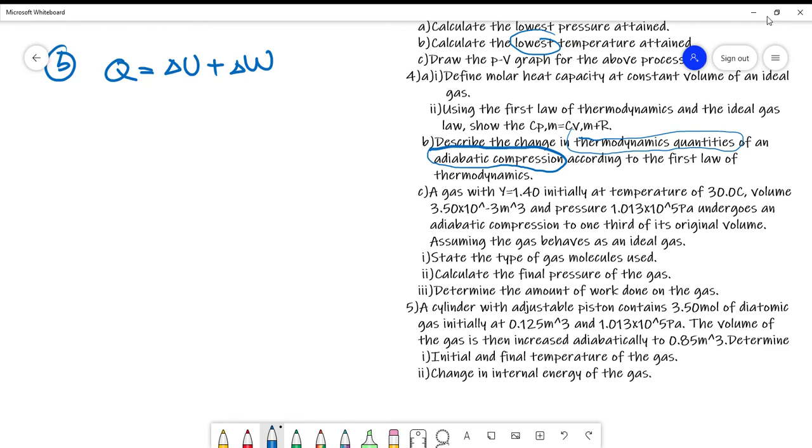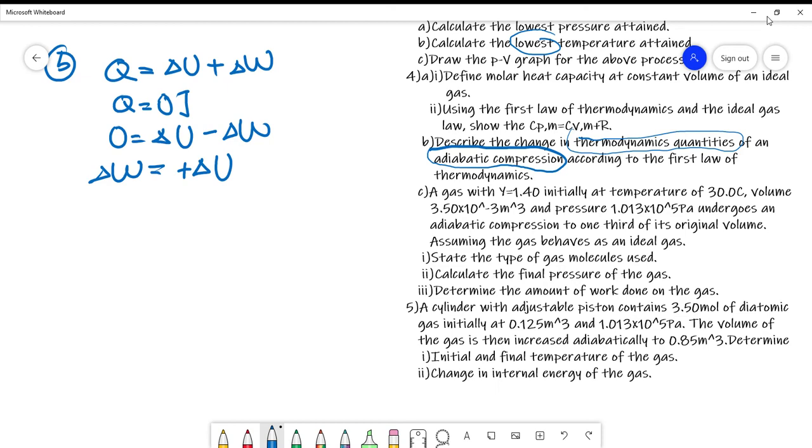Since my Q is 0 for an adiabatic process, in which heat does not enter or leave the system, this will be my 0, and this will be my internal energy. Since the process is a compression process, the work done is on the gas. So I can conclude that my work done is equal to my increase in internal energy. So this will be my first quantity, which is 0 joule.